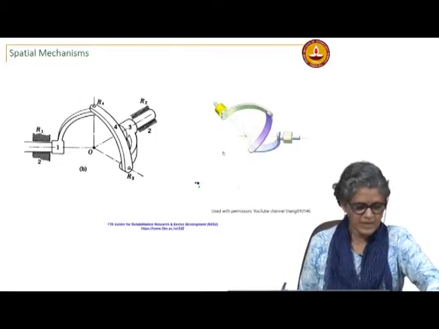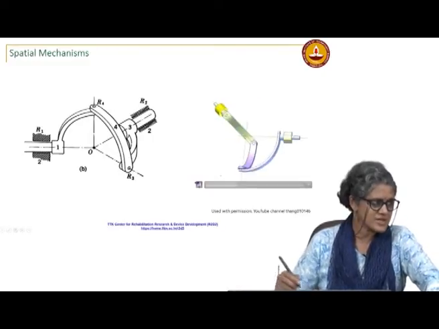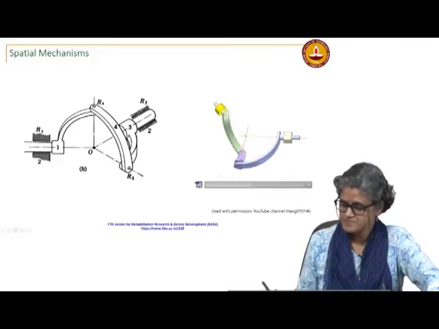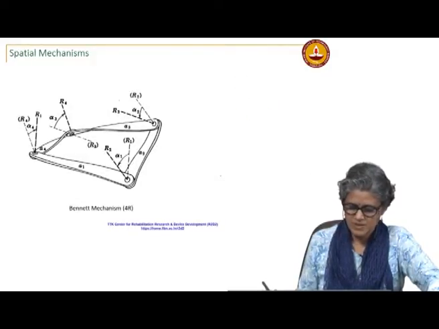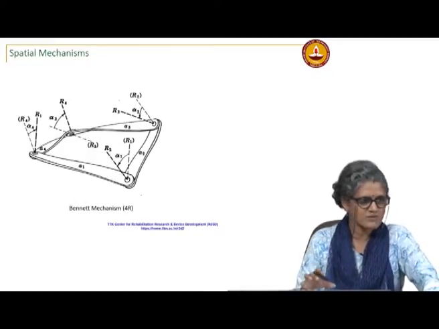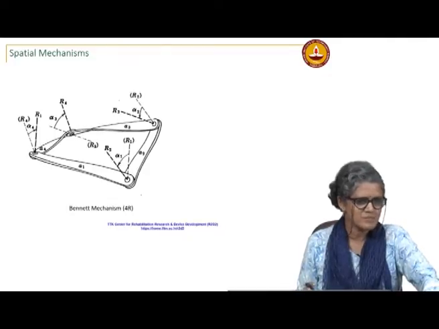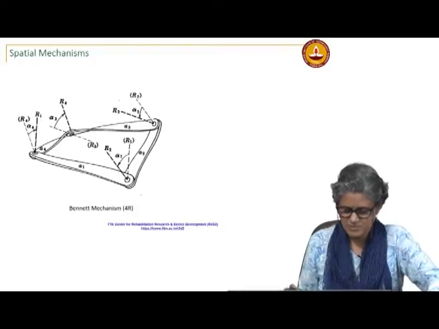Yeah, but this shows that spherical nature nicely. And then you can have other mechanisms. So, this is like a twisted 4 bar, a special mechanism called the Bennett mechanism.